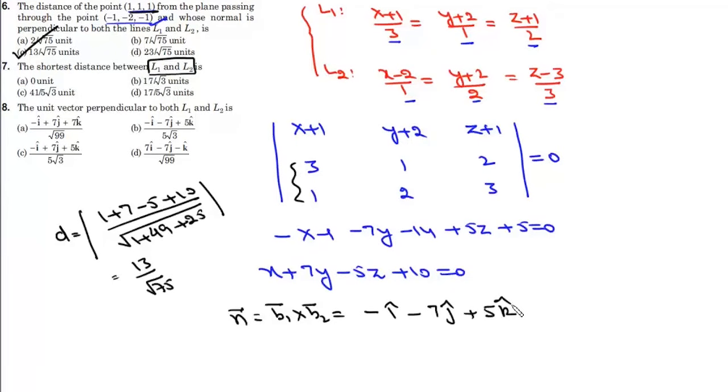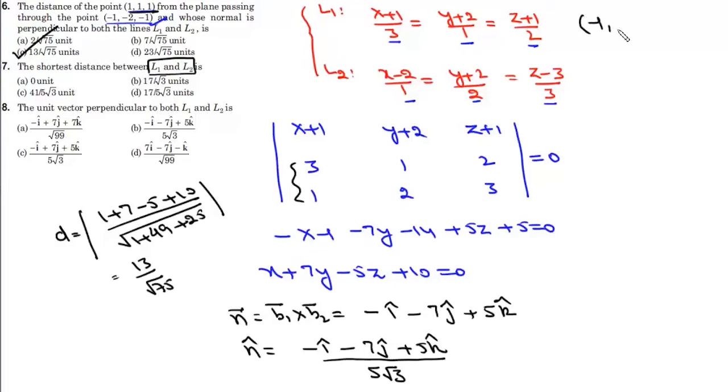Now we need its unit vector. The unit vector in the direction perpendicular to both lines L1 and L2 will be minus i minus 7j plus 5k upon under root 75, which is 5 root 3.